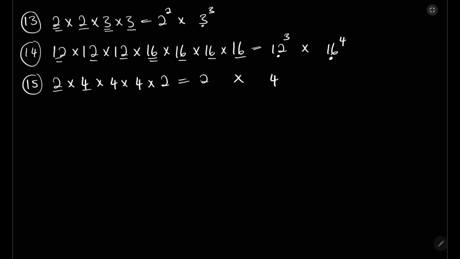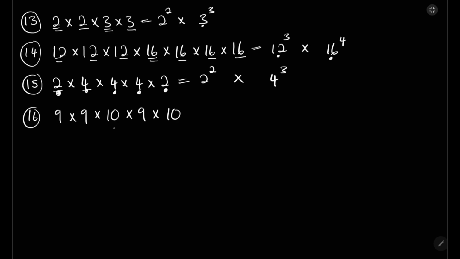Okay, now let's count down how many times 2 appears. We have 1 and 2. So this should be 2 to the power 2. Now let's count down how many times 4 appears. We have 1, 2, 3. So this should be 4 to the power 3.